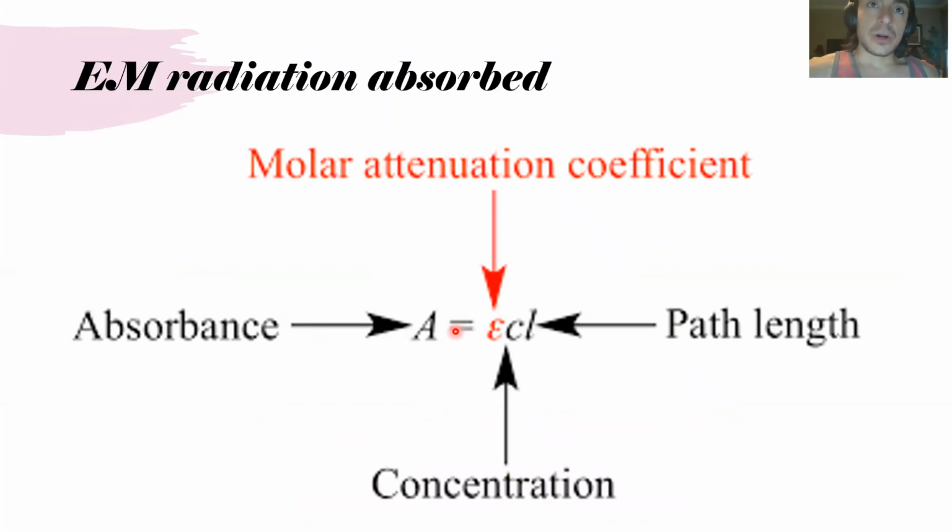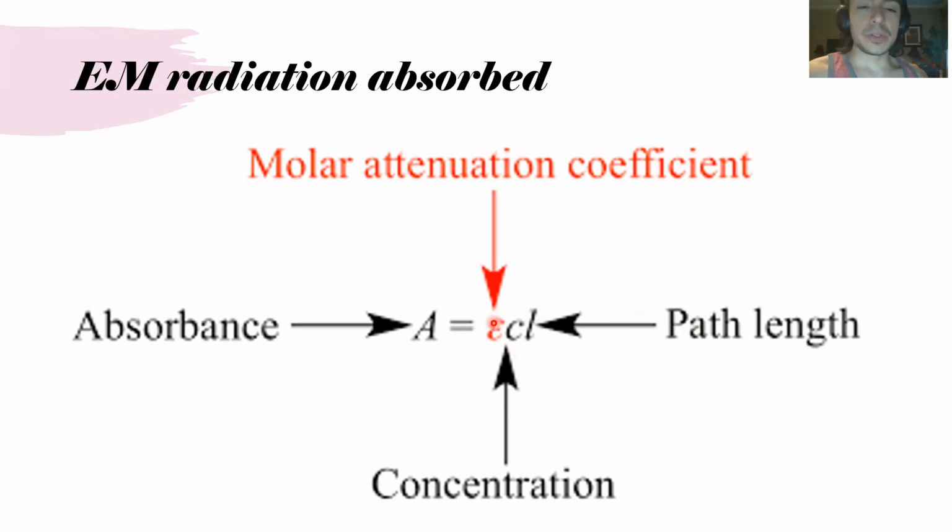All right, so there are several factors that control the amount of electromagnetic radiation, or energy, that a sample absorbs. One is the concentration of the absorbing substance, that would be C. Then the thickness of the sample containing the absorbing substance, which is determined by the width of the cuvette. Here it's called the path length.